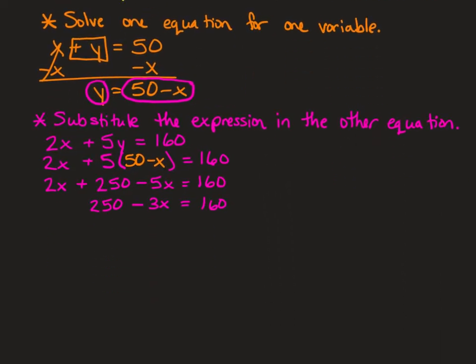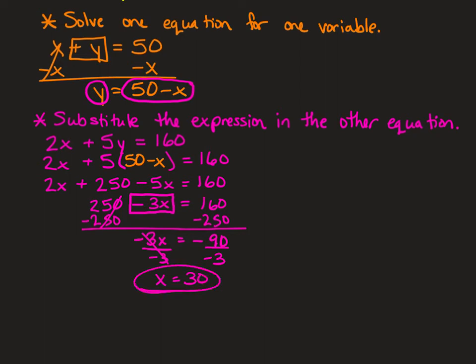And I'm now ready to solve. So I'm going to box in my X term. I'm going to subtract 250 from both sides. We've got negative 3X equal negative 90. Divide both sides by negative 3. And X is positive 30. So I've found the value for X.